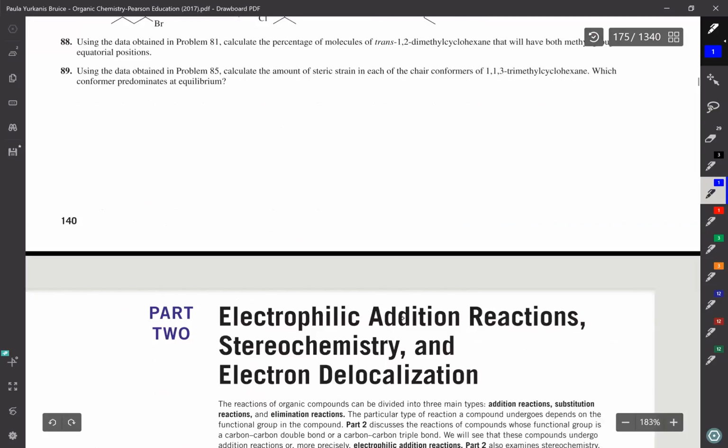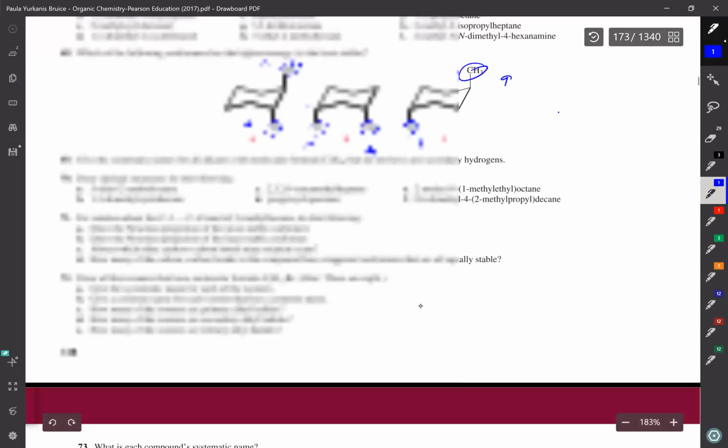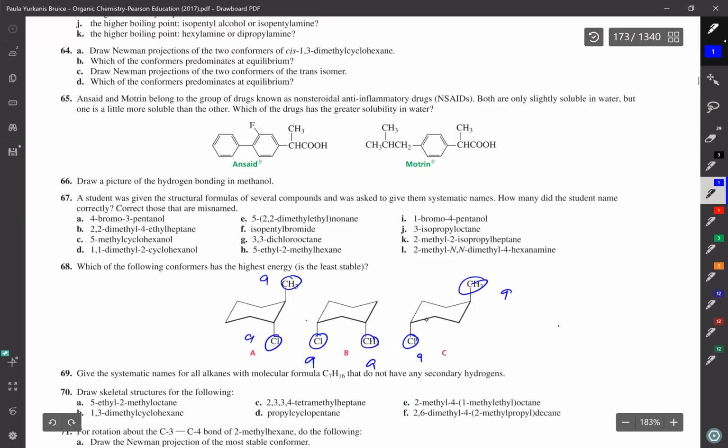Well, I don't have a typical example of the concept I want us to look at, but what I want you to remember is that once the substituents are on the equatorial position, they are more stable compared to when they are on the axial position. That's the first thing. Second, with stability, if all the substituents are on the axial, just like in number 68, in order to determine stability, you have to make use of distance.